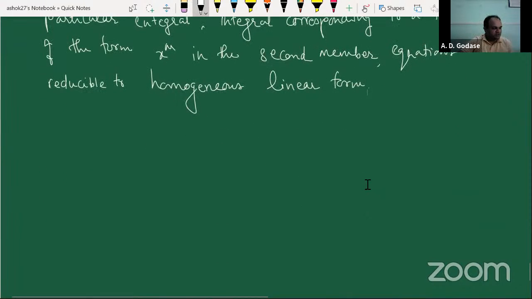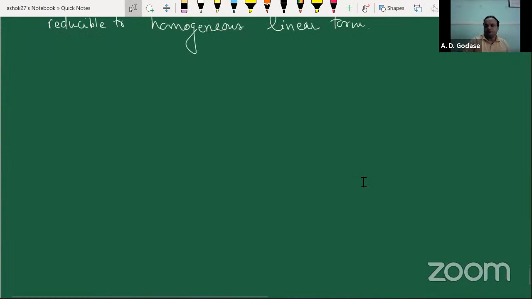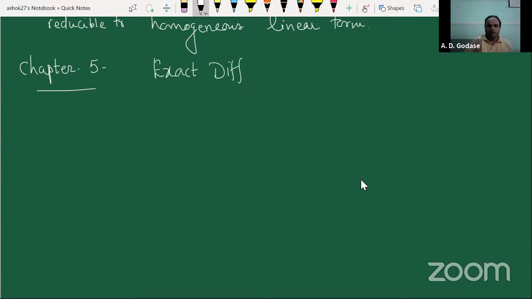So next, that is chapter 5. The title of chapter number 5 is exact differential equations and equations of particular forms.